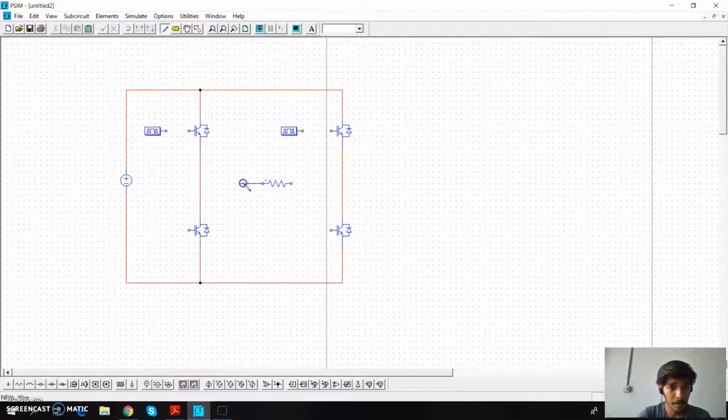Now we will connect the load. Now connect the pulse generating blocks to the IGBTs.